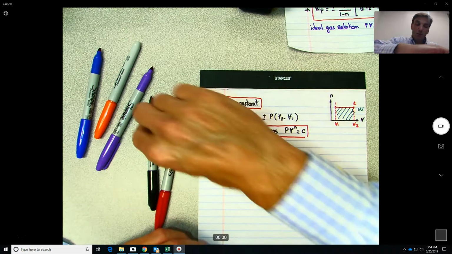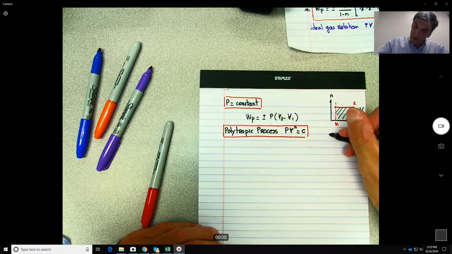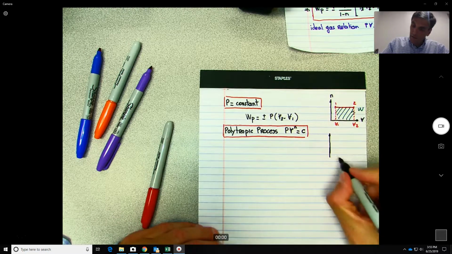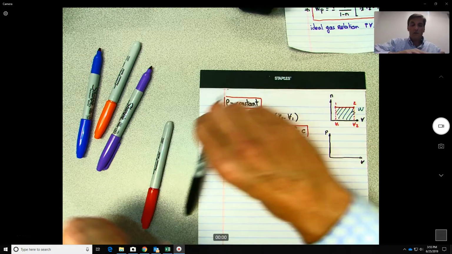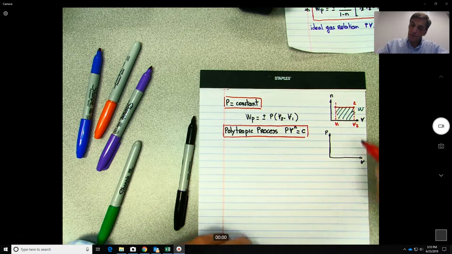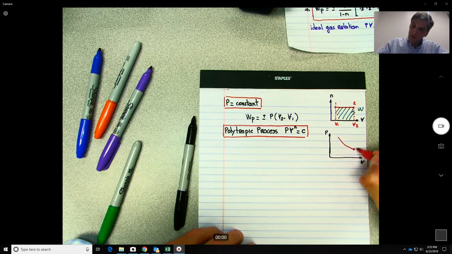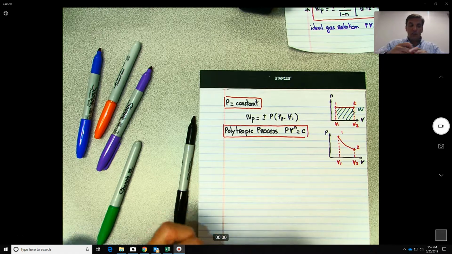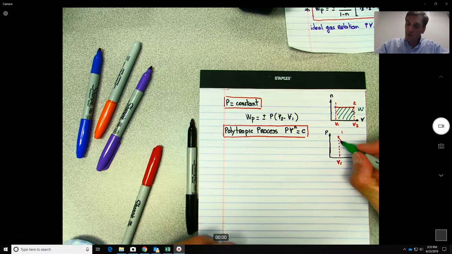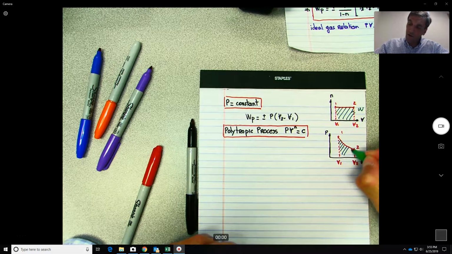For a polytropic process, you had a similar figure. So the area again is the work, the area under the curve.